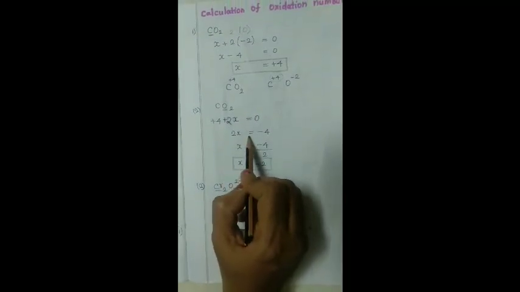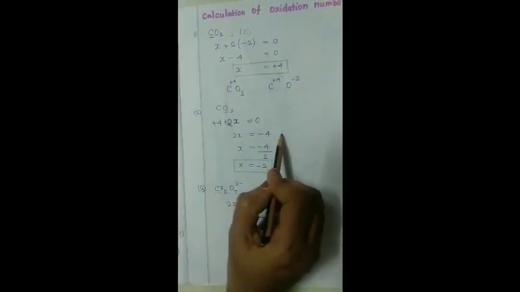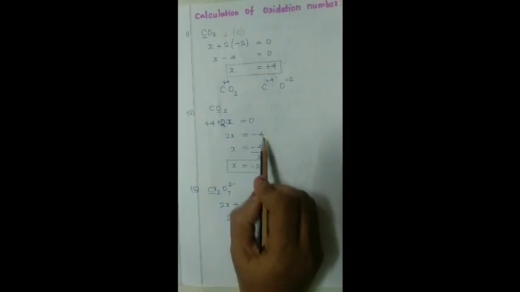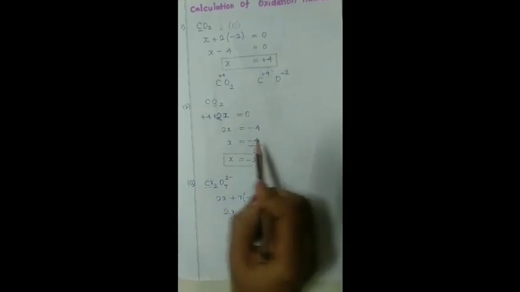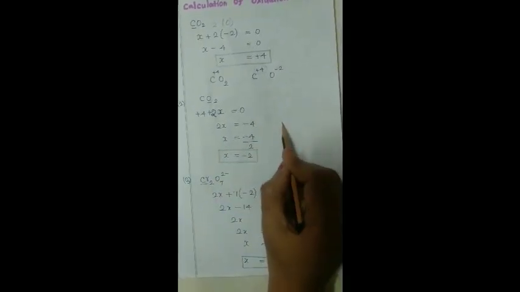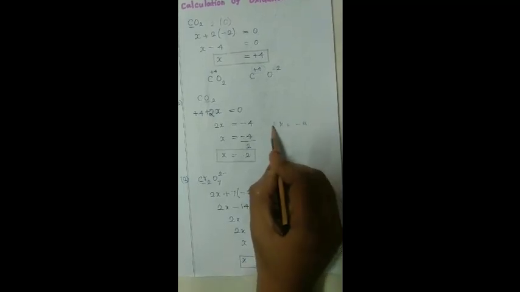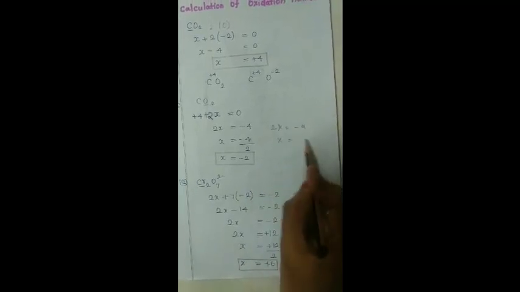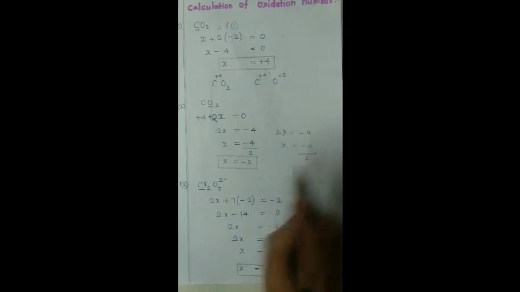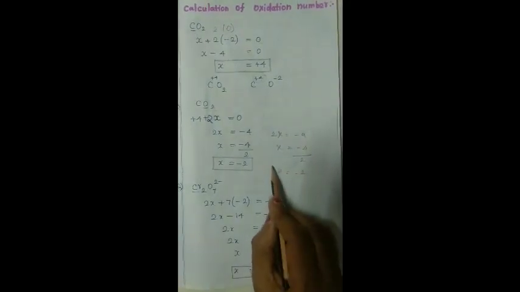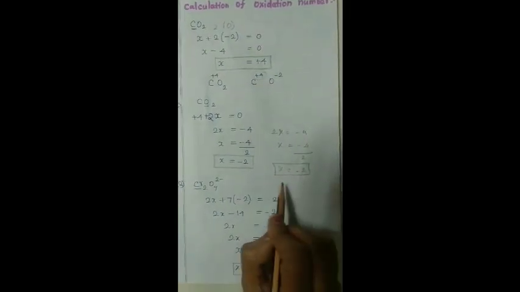So 2X is equal to minus 4. X is equal to minus 4 divided by 2, X is equal to minus 2. So the oxidation state of oxygen is minus 2.